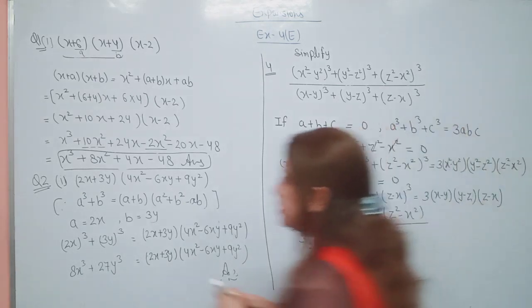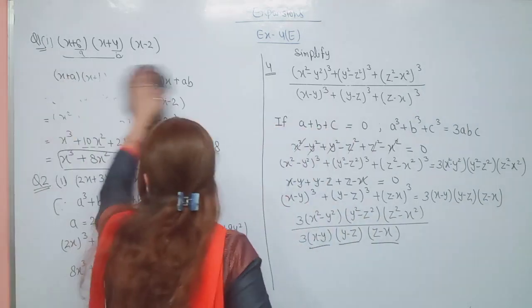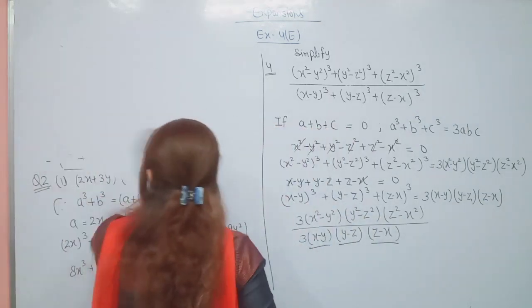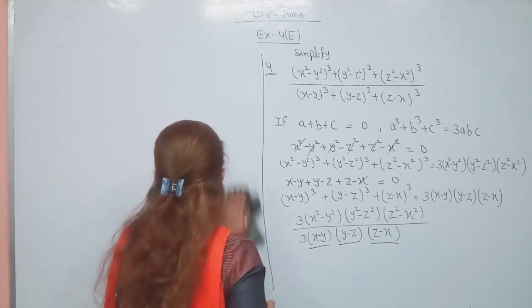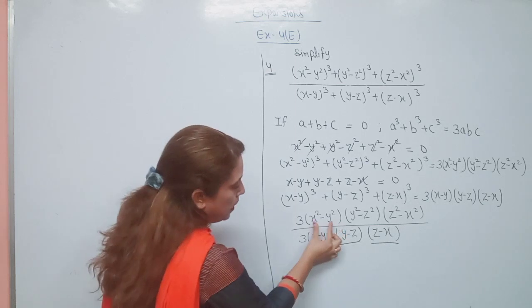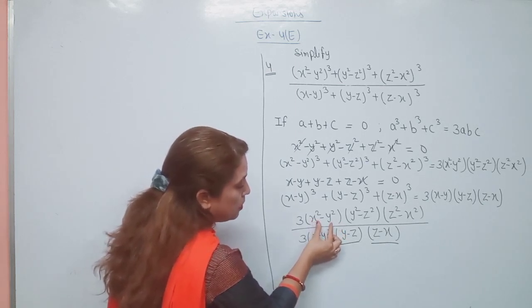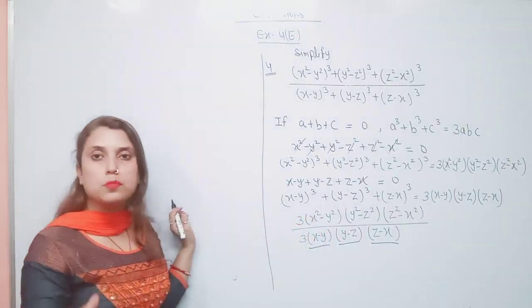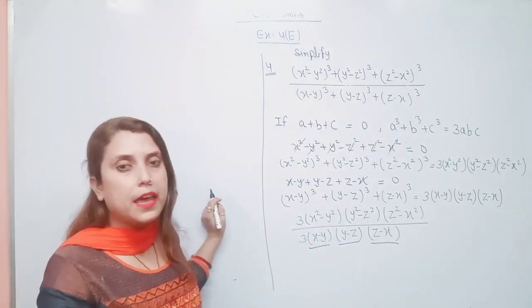Okay, now let's see when we solve. For the numerator, x² − y² is again the identity of a² − b². We know that a² − b² is (a + b)(a − b).